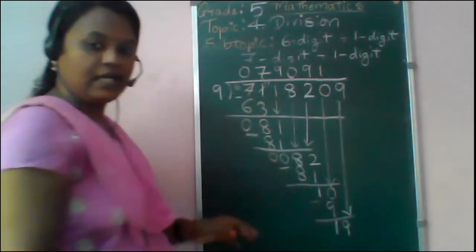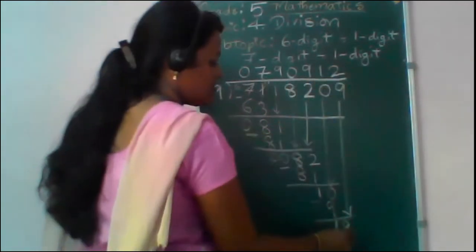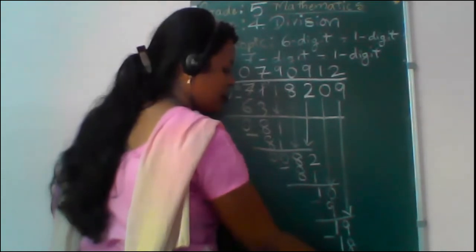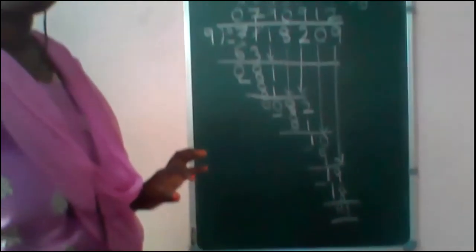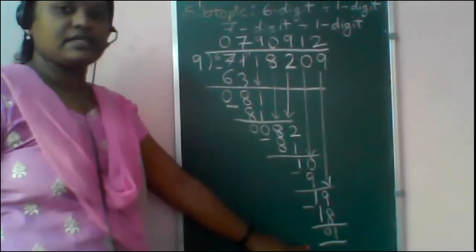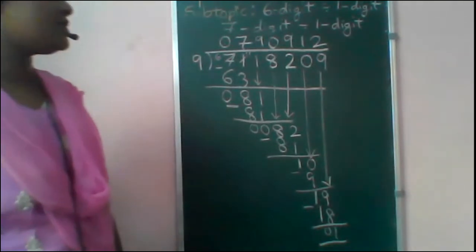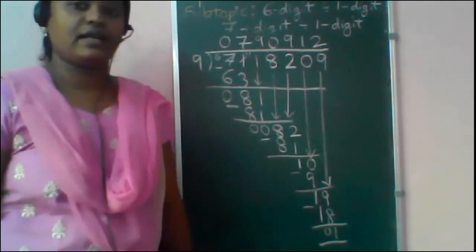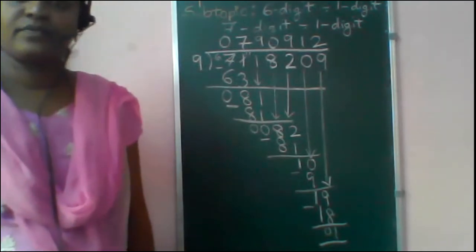That is 19 we have now. 9 twos are 18. And we get the remainder as 1. Continuing the division further is not possible, since 1 is less than 9. So the quotient is 7,90,912 with the remainder 1.